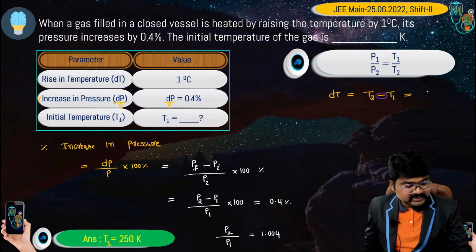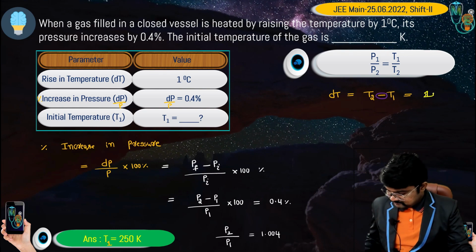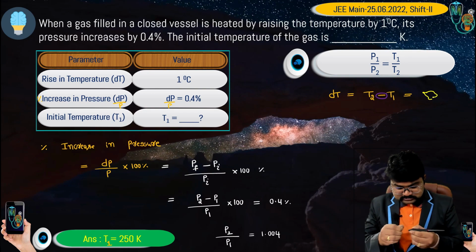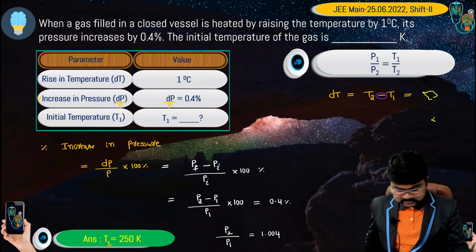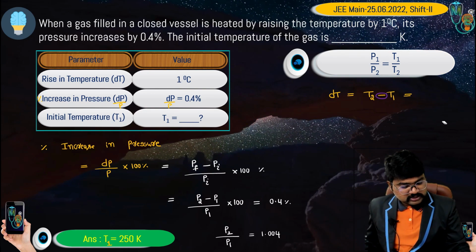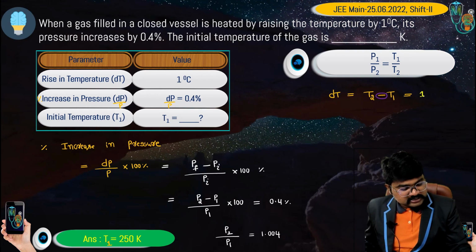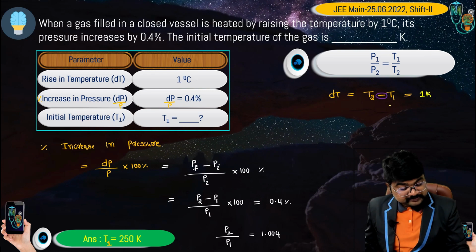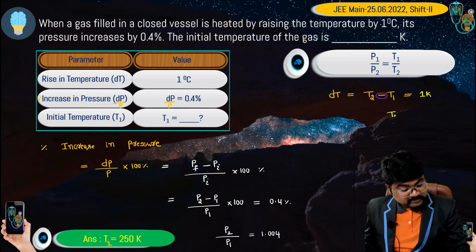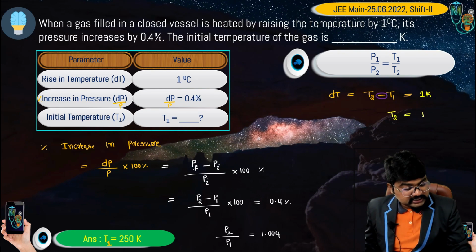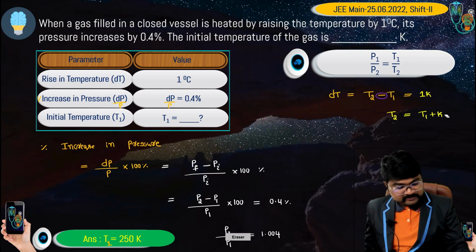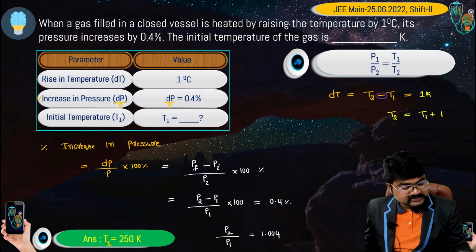So you can straight away write 1 Kelvin. So what is T2 here? T2 equal to T1 plus 1, everything in Kelvin.